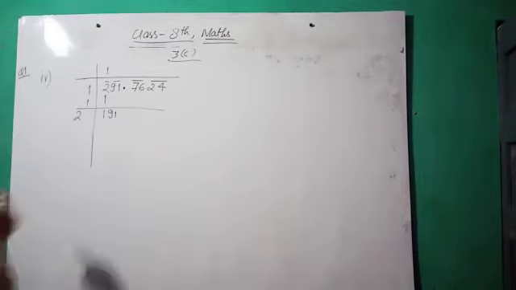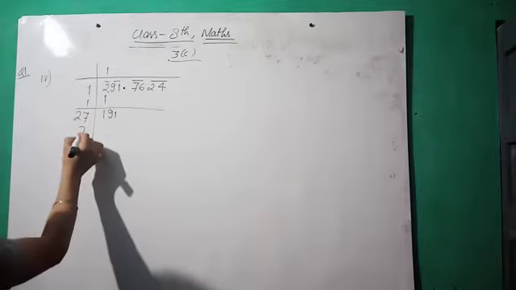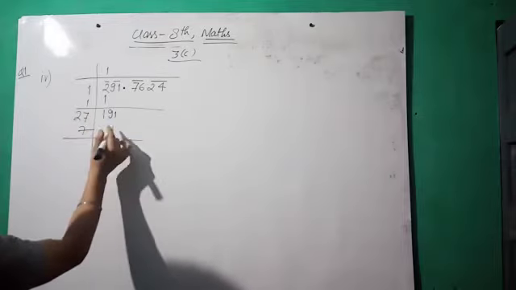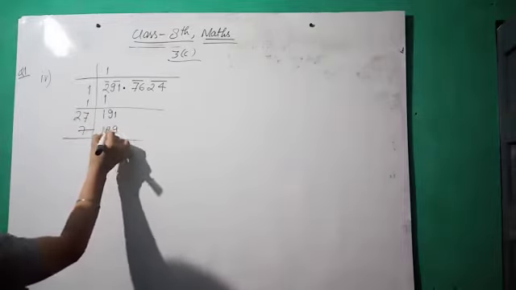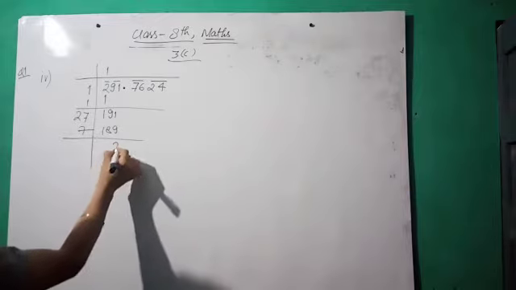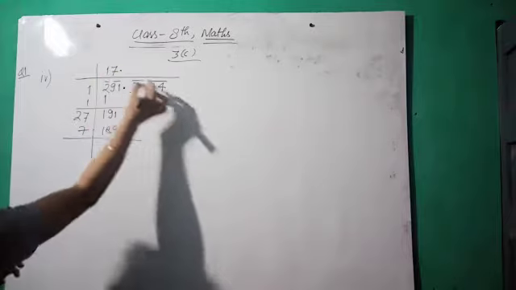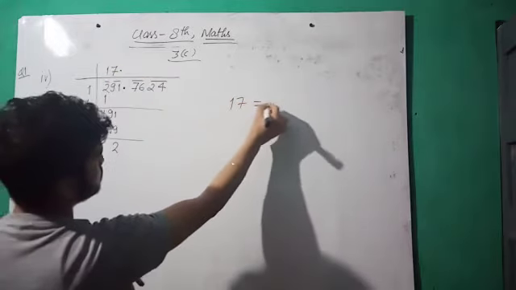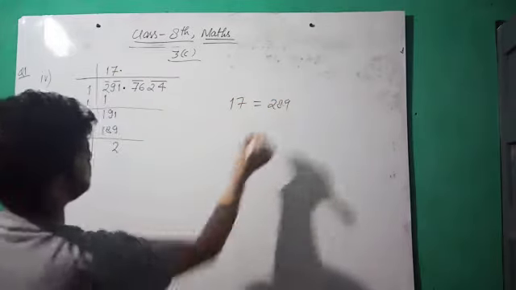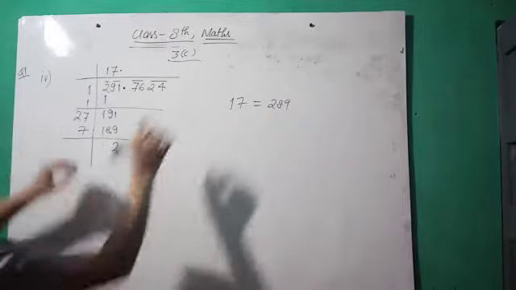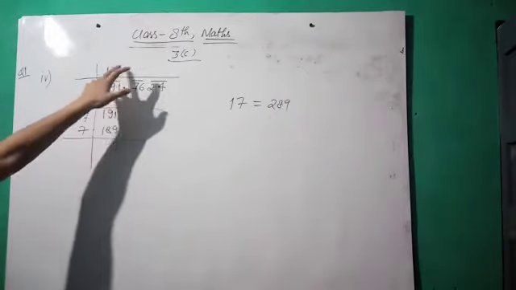Multiplying by 7, this becomes 189. Then 189. Now 2 carry, so add 17. You know the square of 17 is 289. If you remember this, you can easily find that this is the square of 17 point something.